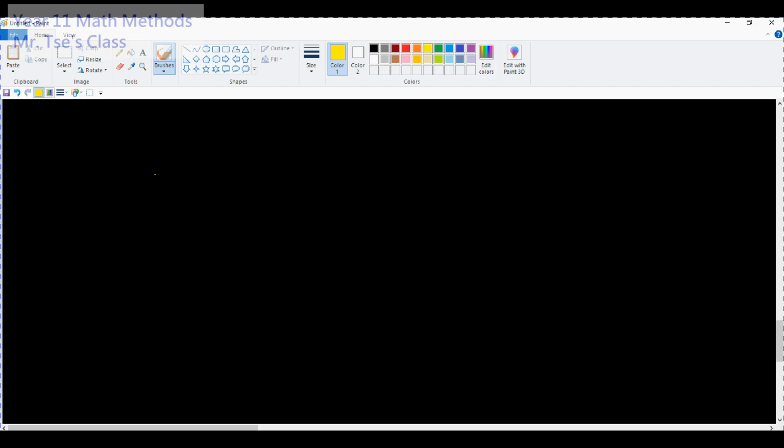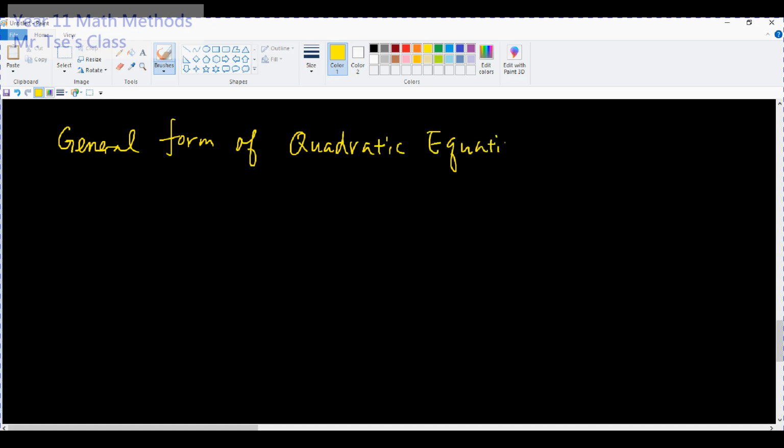The quadratic formula deals with the general form of a quadratic equation. So first of all, you must have your general form of the quadratic equation, which is, of course, ax squared plus bx plus c equals 0.